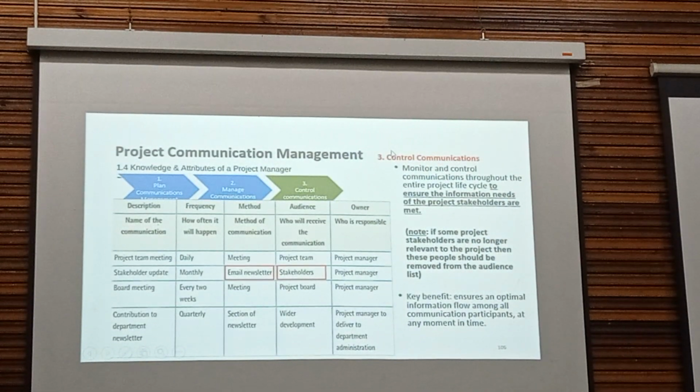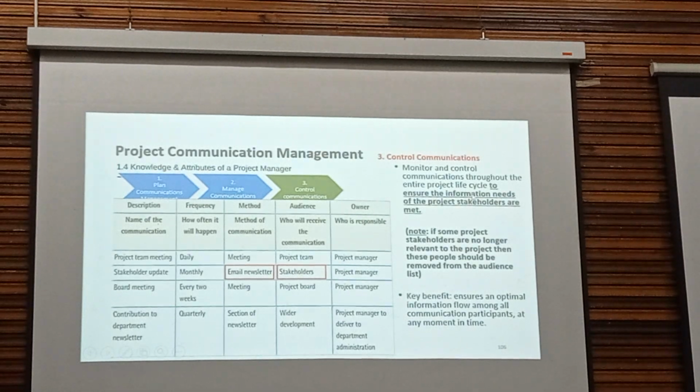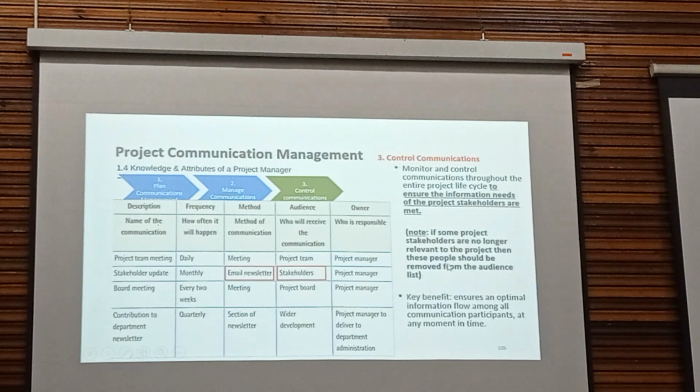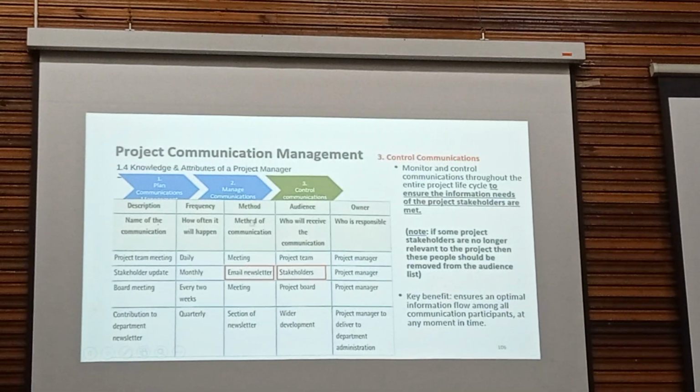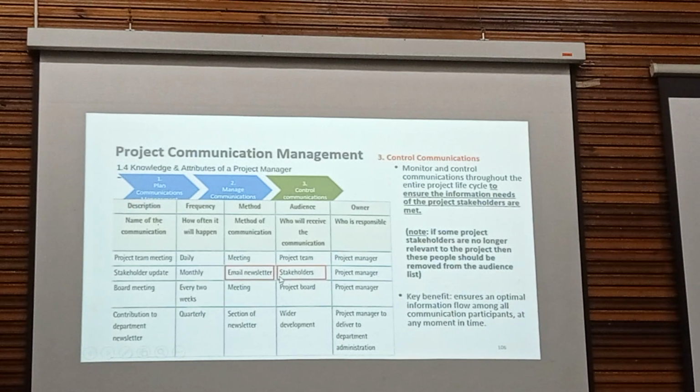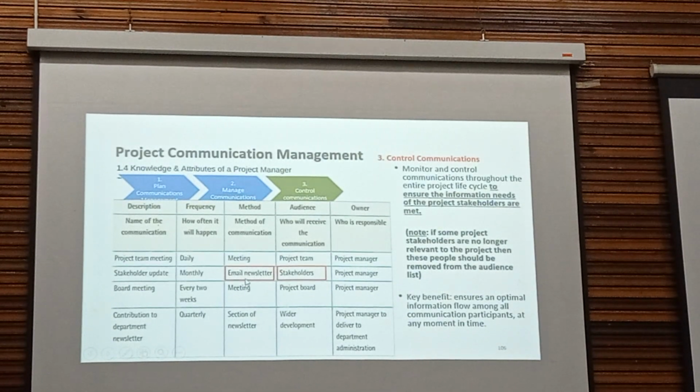Okay, next is control communication. Control communication is to ensure the information needs of project stakeholders are met. If some stakeholders are no longer relevant to the project, these people should be removed from the audience list. You update stakeholders by emailing a newsletter to them.